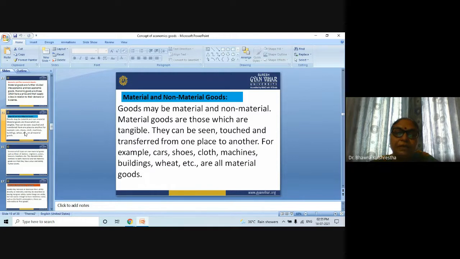For example, cars, shoes, cloth, machines, buildings, wheat, etc. are all material goods. On the other hand, non material goods are intangible, for they do not possess any shape or weight and cannot be seen, touched, or transferred.